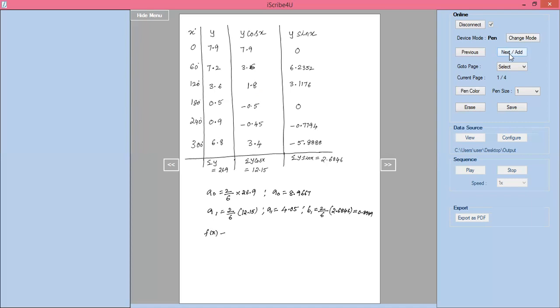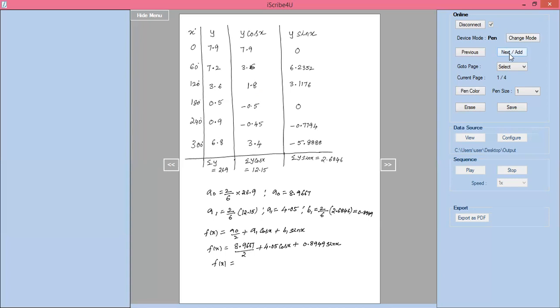f of x equals a naught by 2 plus a1 into cos x plus b1 into sin x. So f of x equals 8.9667 divided by 2 plus 4.05 into cos x plus 0.8949 into sin x.